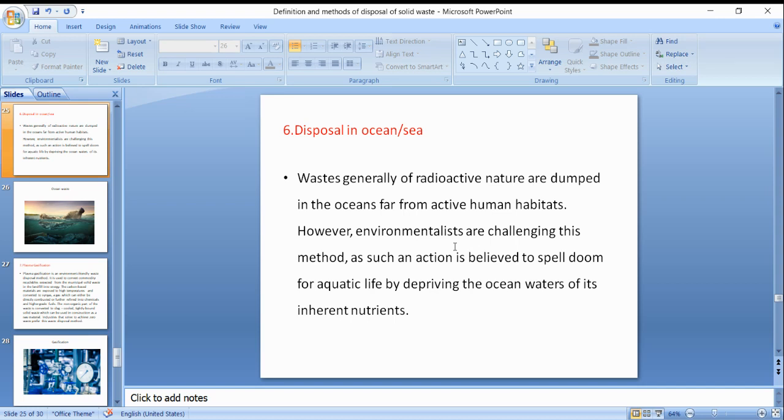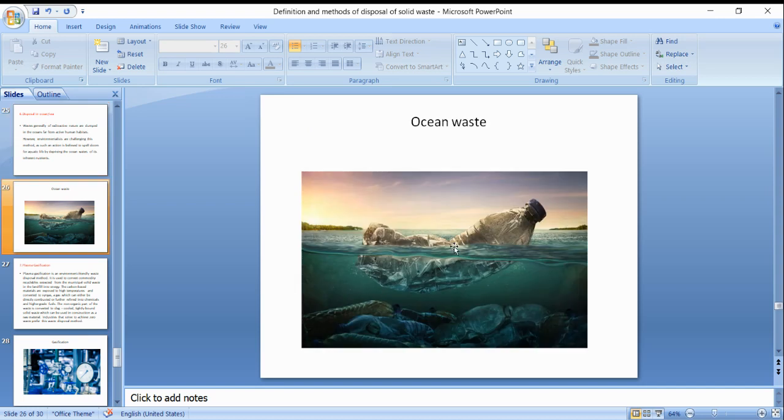However, environmentalists are challenging this method, as such an action is believed to spell doom for aquatic life by depriving the ocean water of its inherent nutrition. If we throw waste into the water, the plastic will not melt, neither in soil nor in water.